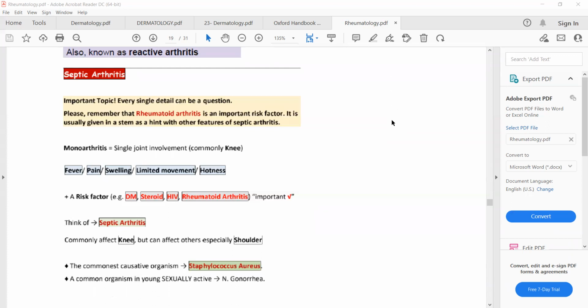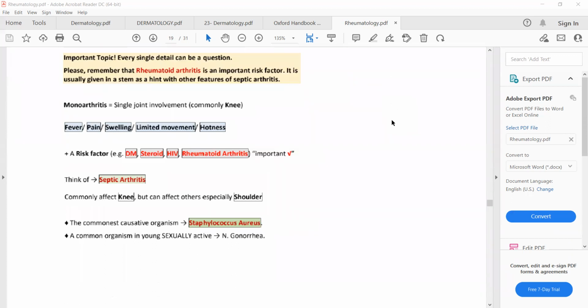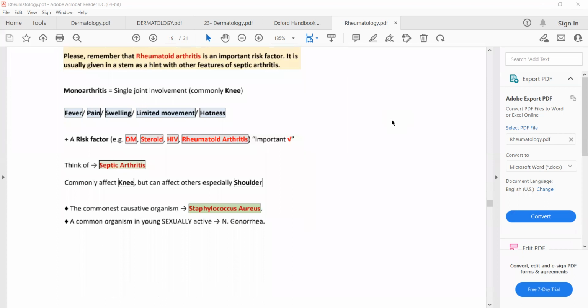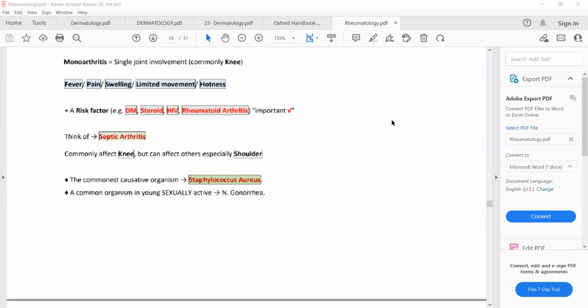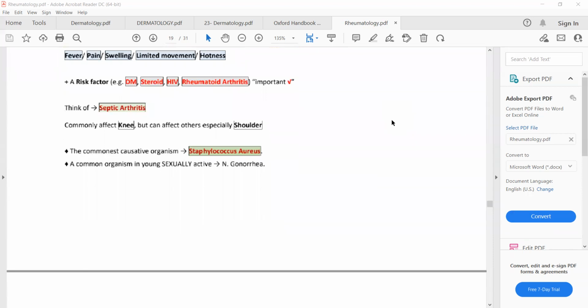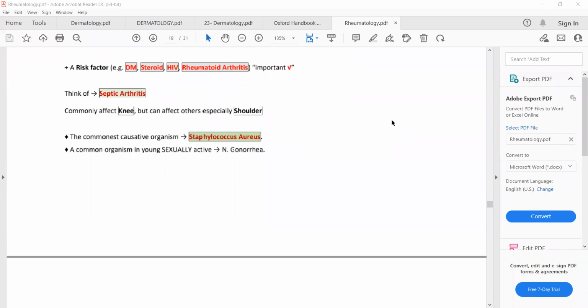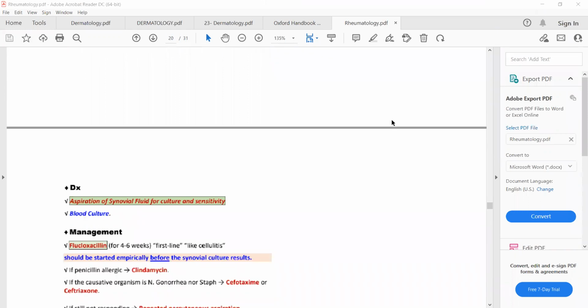Septic arthritis more commonly affects the knee, but it can affect other joints as well, especially the shoulder joint. The commonest causative organism of septic arthritis is Staphylococcus aureus, while in sexually active young people, Neisseria gonorrhoeae can also cause septic arthritis.